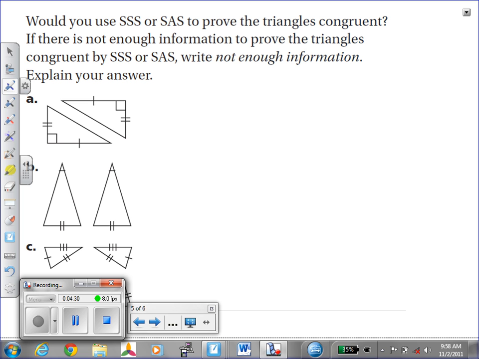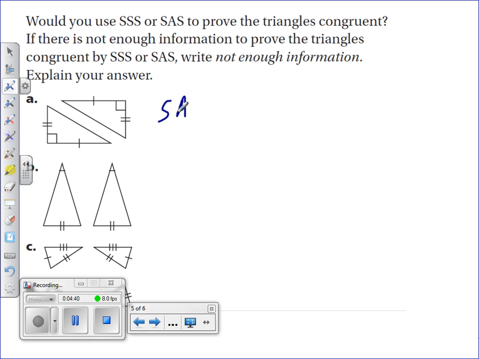So for letter A, somebody that has not gone yet, Krista. Side, angle, side. Does everybody agree with that? We have a side, angle, side, and we have side, angle, side. So this one would be side, angle, side. Letter B. These are telling you that the angles are the same. Not enough information. Do we know side, side, side?